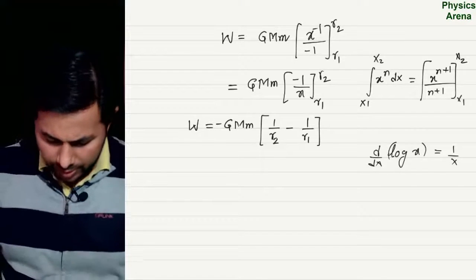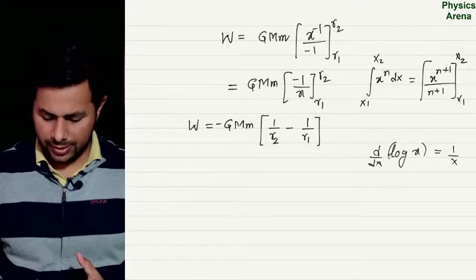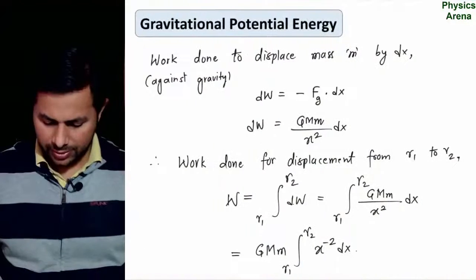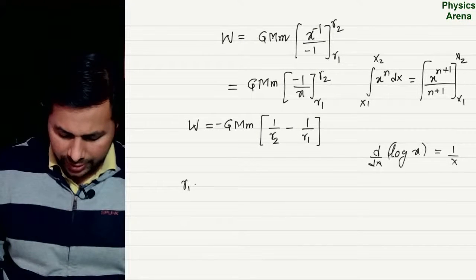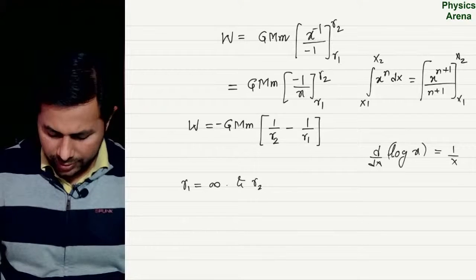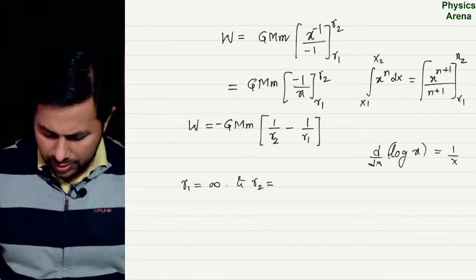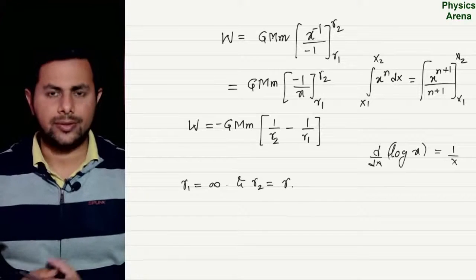Okay. So then let's consider the initial position. Let's suppose that R1 is equal to infinity and R2 is equal to distance r.